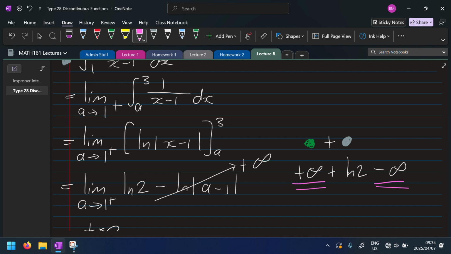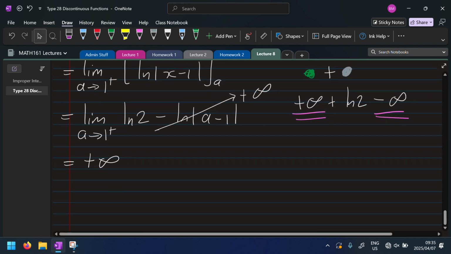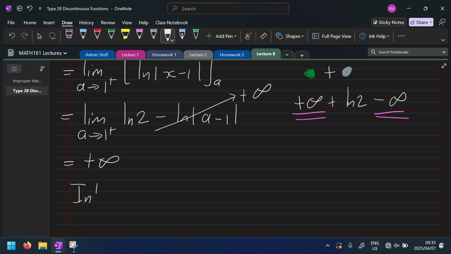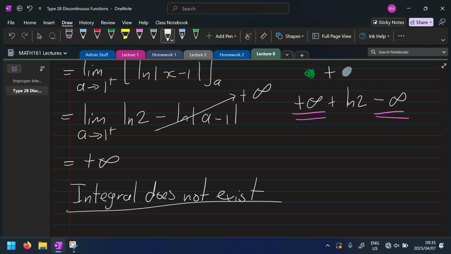So the answer is not the natural log of 2. In this case, it doesn't exist. The integral does not exist. The limit doesn't exist, so the integral does not exist.